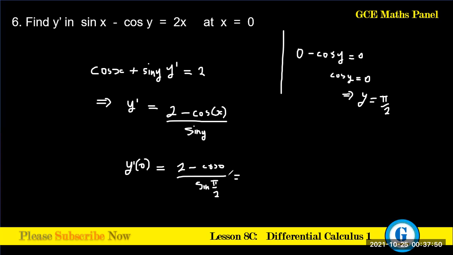And this will give us cos 0 is 1. So 2 minus 1 is 1 over sine pi on 2, that's sine 90 is 1. So this gradient is going to be equal to 1. So we have 1 for that.